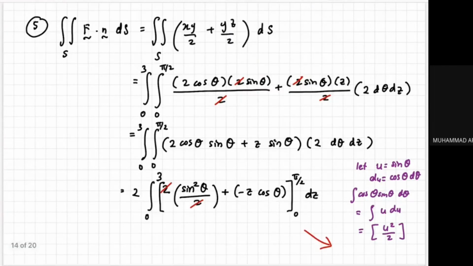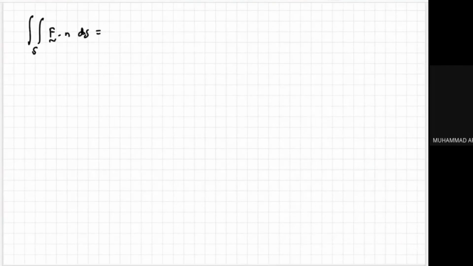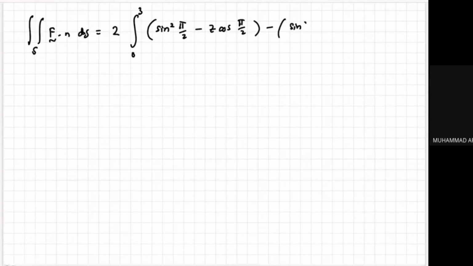F dot n ds is equal to 2, integral from 0 to 3. Substitute the lower and upper limits. The lower is 0 and the upper limit is pi over 2. So sin squared pi over 2 minus z cos pi over 2, minus sin squared 0 minus z cos 0, dz.